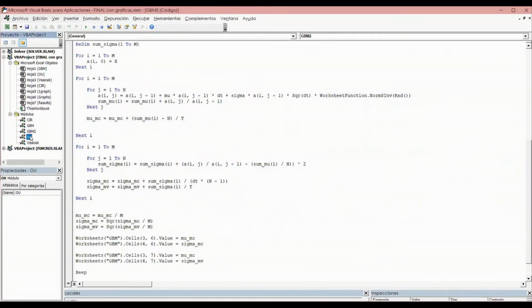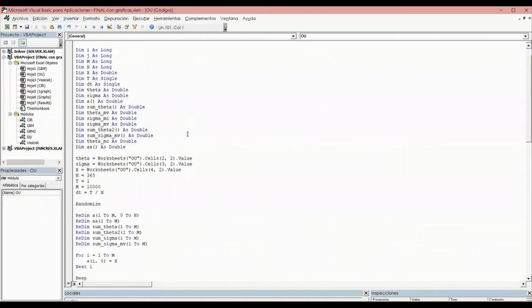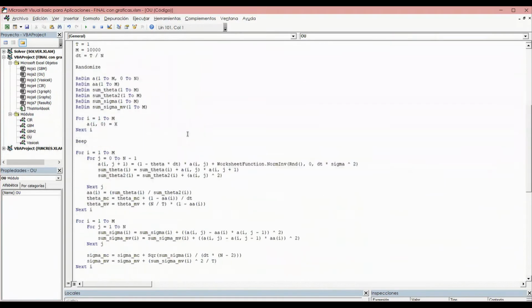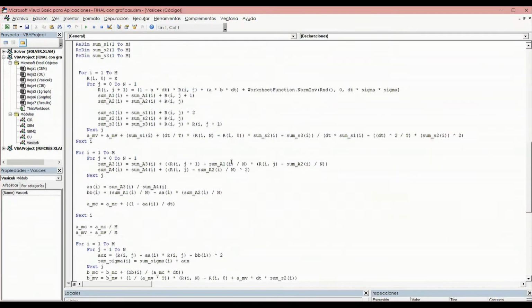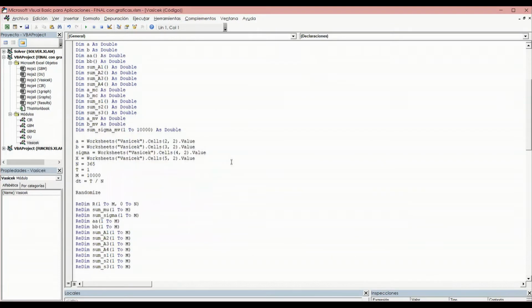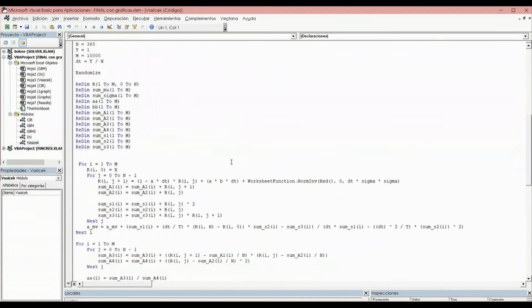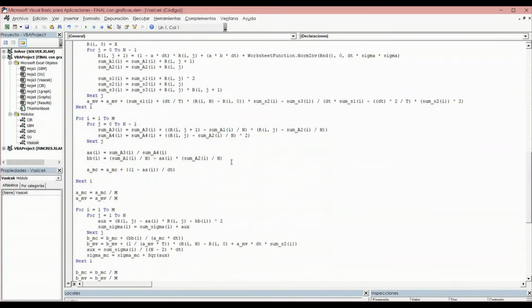Then the one for Ornstein-Uhlenbeck, the one for Vasicek, where it gets a little bit more complicated since there are 3 parameters, but it's done the same way.